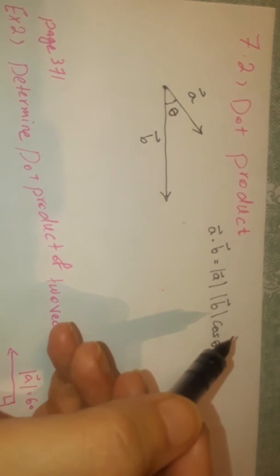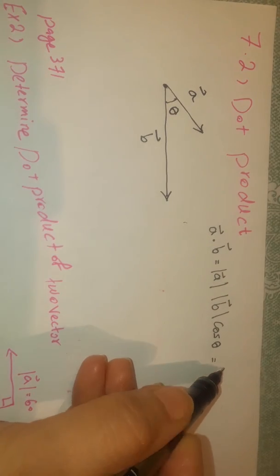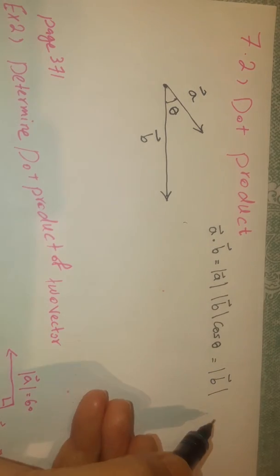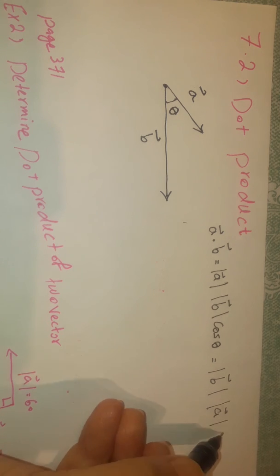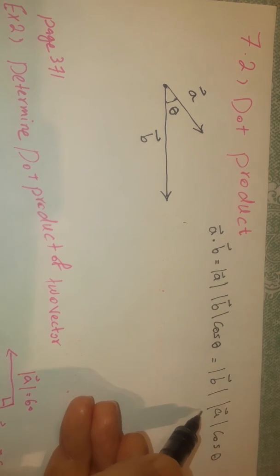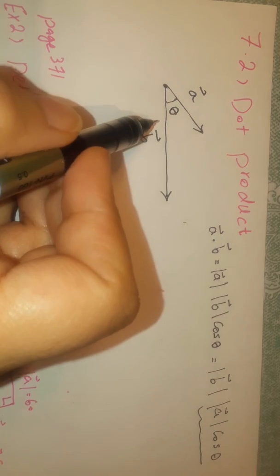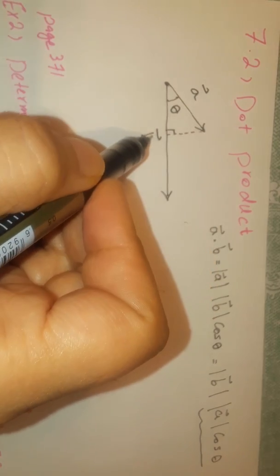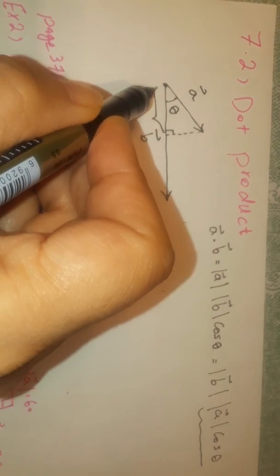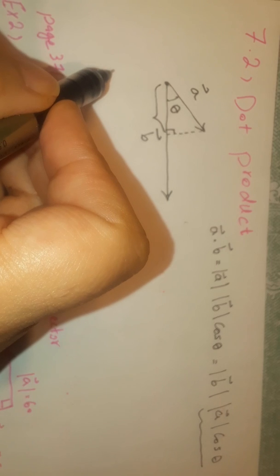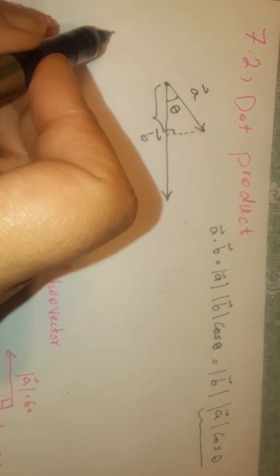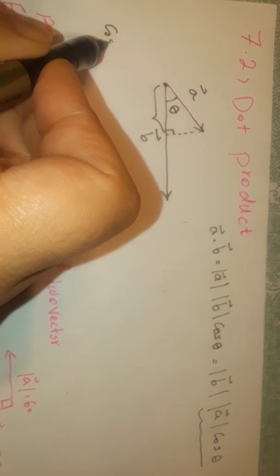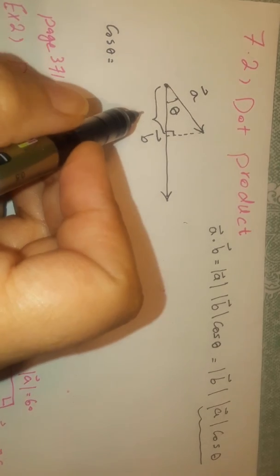If you look, I can write it B and A cosine theta. What is the A cosine theta in this picture? If you make a right angle triangle, just mirror the A on B, you will get that. Using the trigonometric ratios, cosine of theta is going to be what?